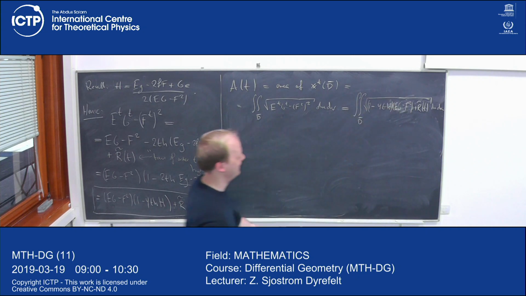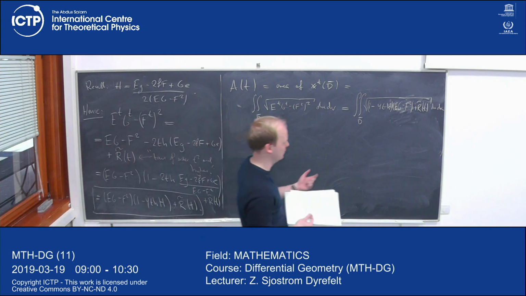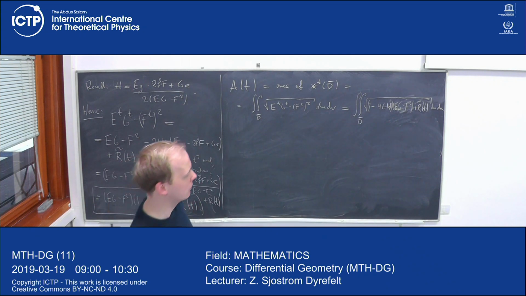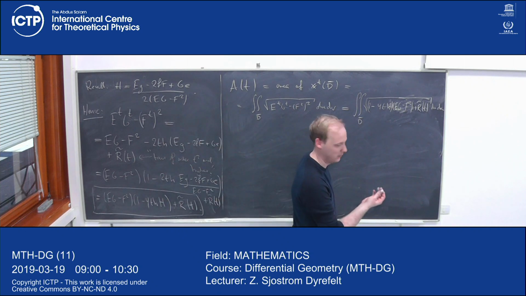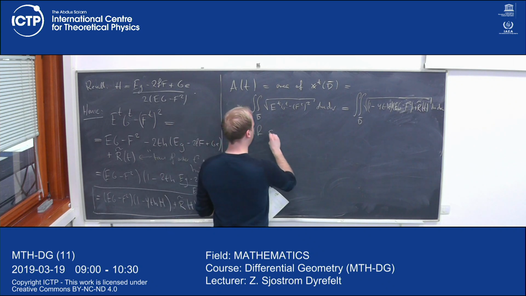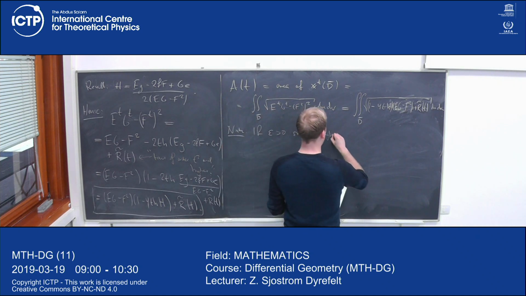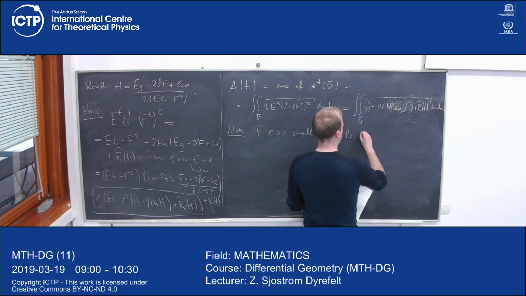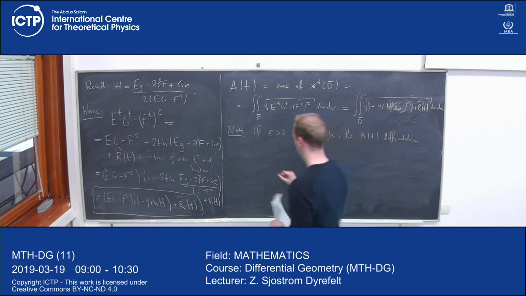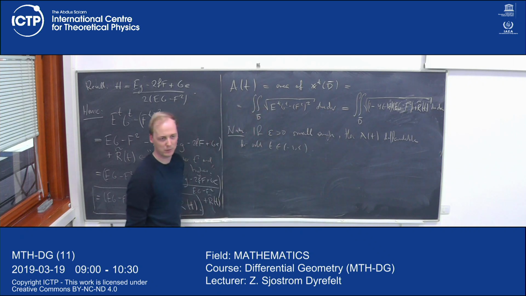Now it's okay. So now this function here that is under the square root, we have to be a little bit careful. Is this differentiable? Of course we might have some problems sometimes. But note, with epsilon a small positive number, small enough, then A of t is differentiable for all t in minus epsilon, epsilon.